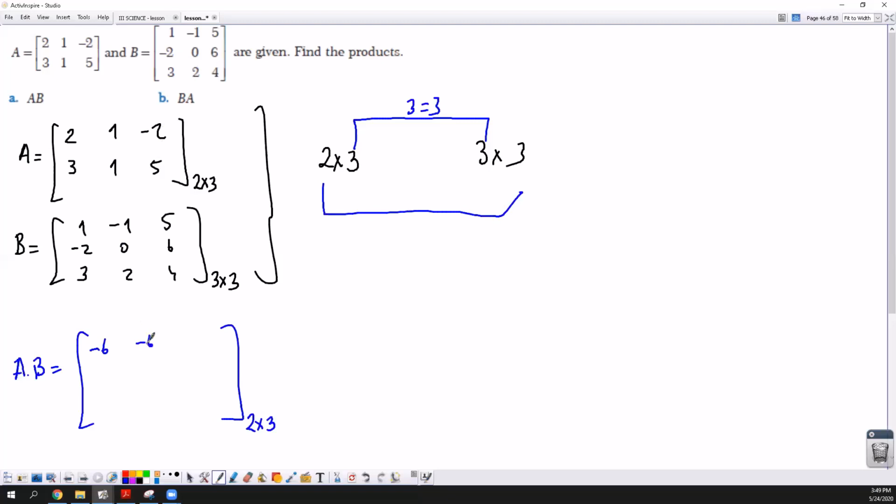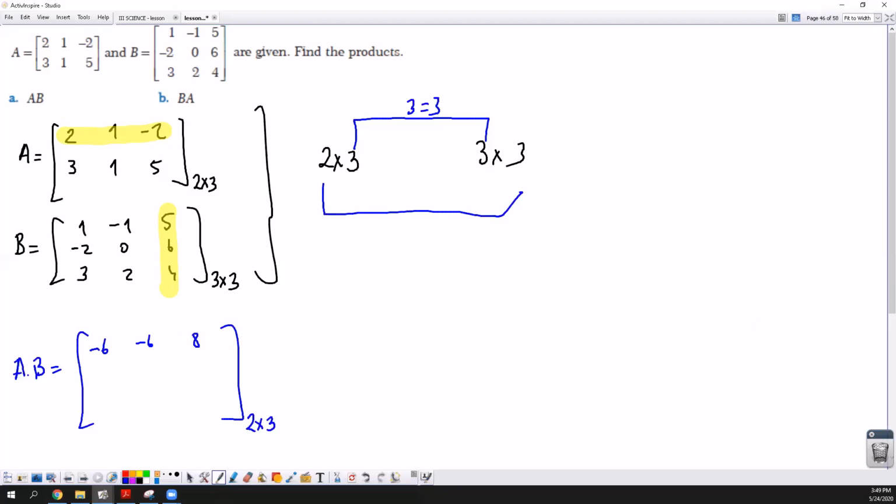For the next entry, we will take the first row and the third column: 2, 1, -2, and 5, 6, 4. So 2 times 5, 1 times 6, -2 times 4. When we rearrange it, we get 8 for the first row and the third column.